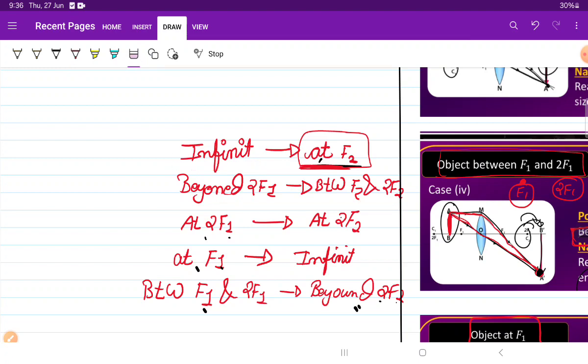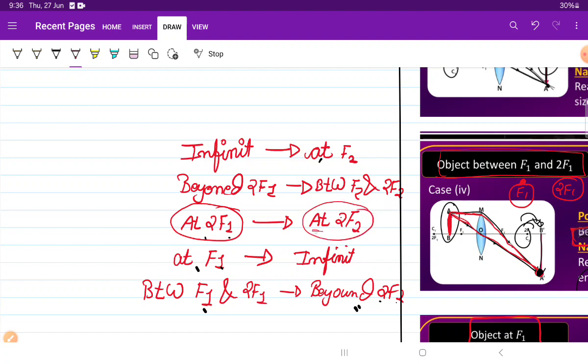If the object is at infinity, then the image will be at F2, and if the object is beyond 2F1, then the image will be between F2 and 2F2. Now place the object at 2F1, that means at C, then the image will form at C only.